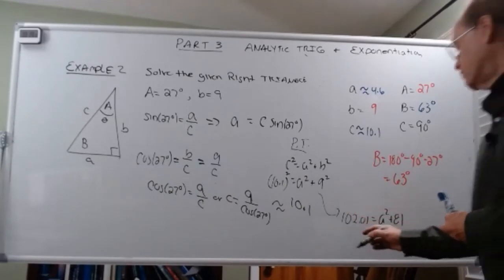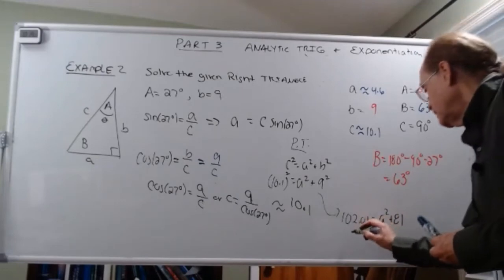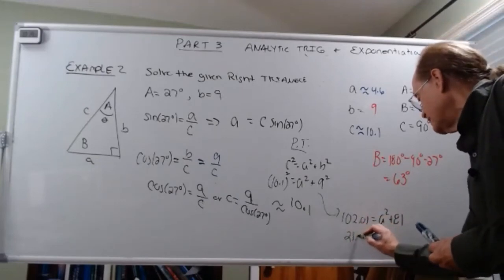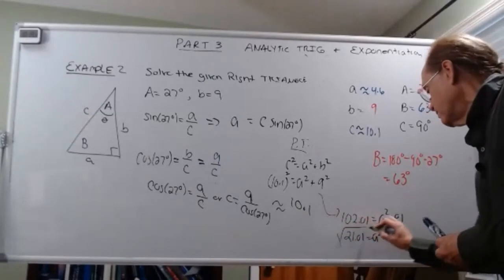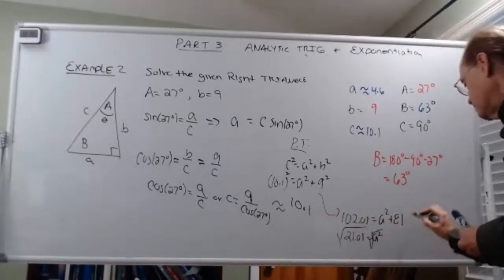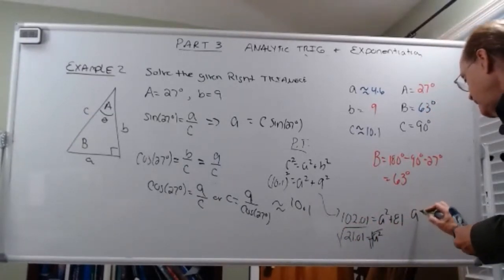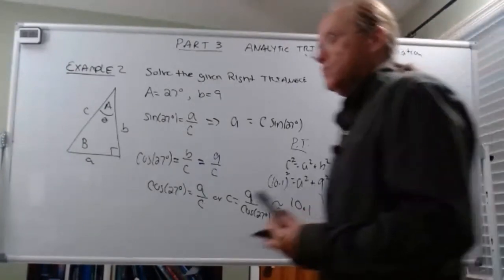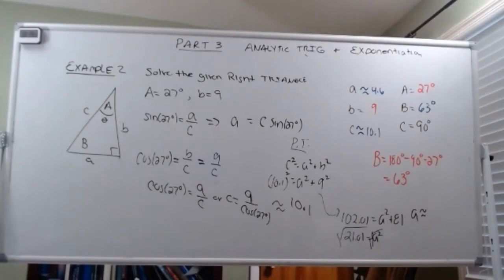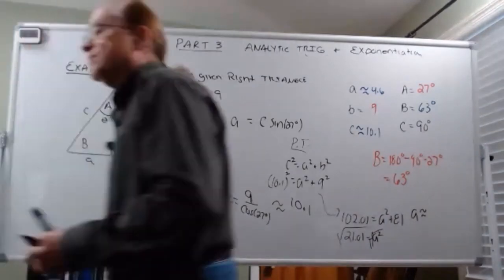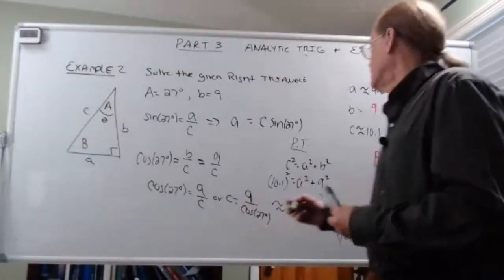So moving that over, I get 21.01 is equal to A squared. Take the square root of both sides, and that'll tell me A. And I'll approximate that as the square root of 21.01. And I get the same answer, roughly 4.583.